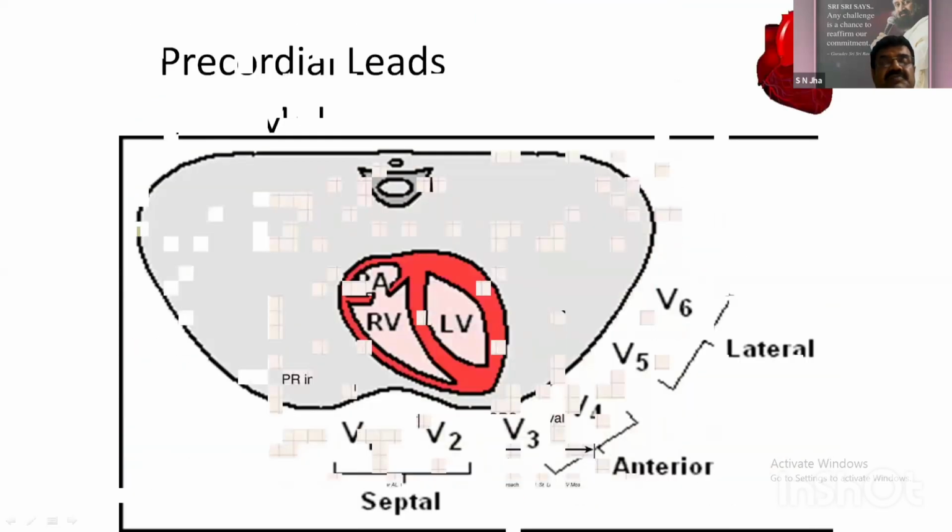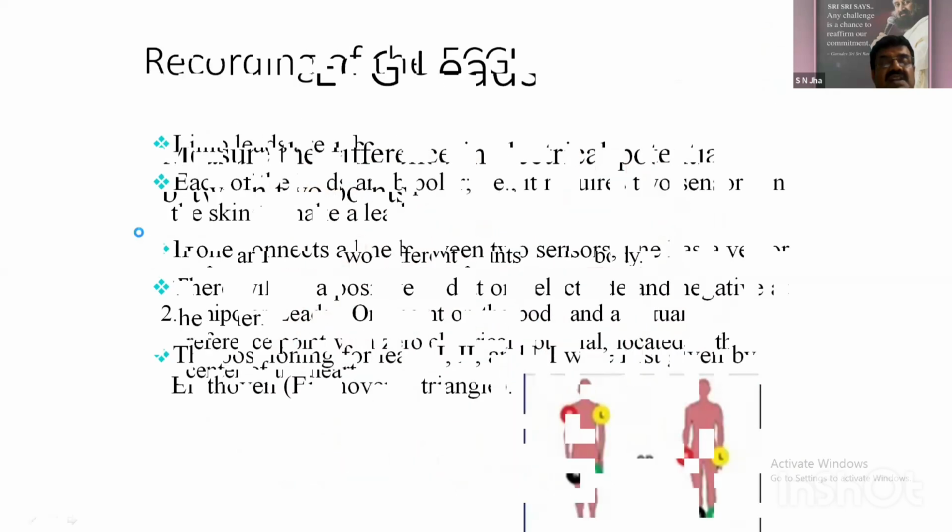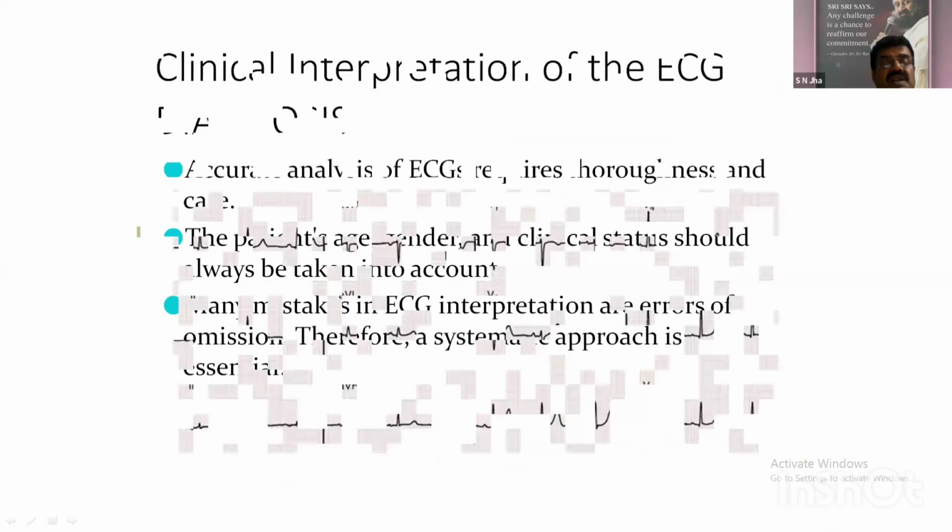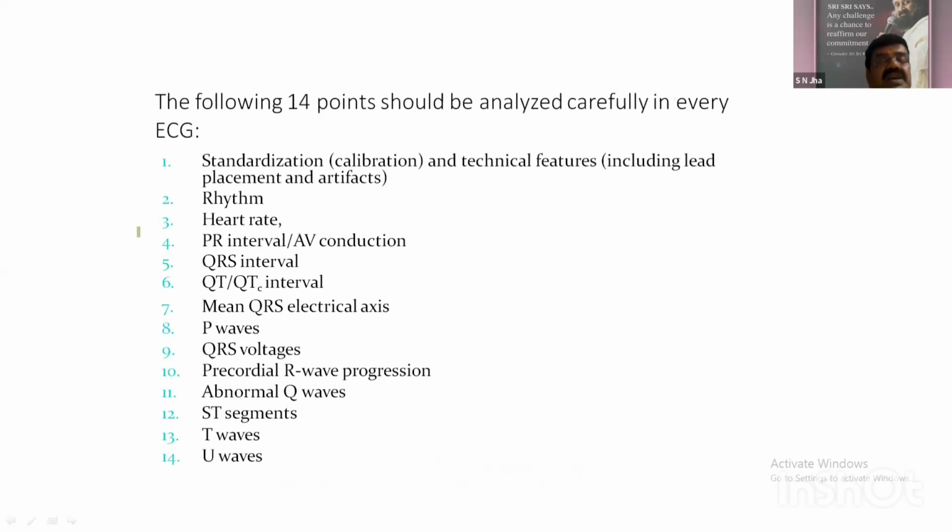We have seen the precordial leads, the positioning of the leads, and the normal ECG, what we need to find out in a normal ECG: the standardization, whether calibration was there or not, the rhythm, the rate, the PR interval, the QRS interval, the QT interval or QTc, corrected QT, the mean QRS axis, the P waves, the QRS voltage, the progression of R wave, abnormal Q waves, ST segments. Now we have discussed till QRS interval.